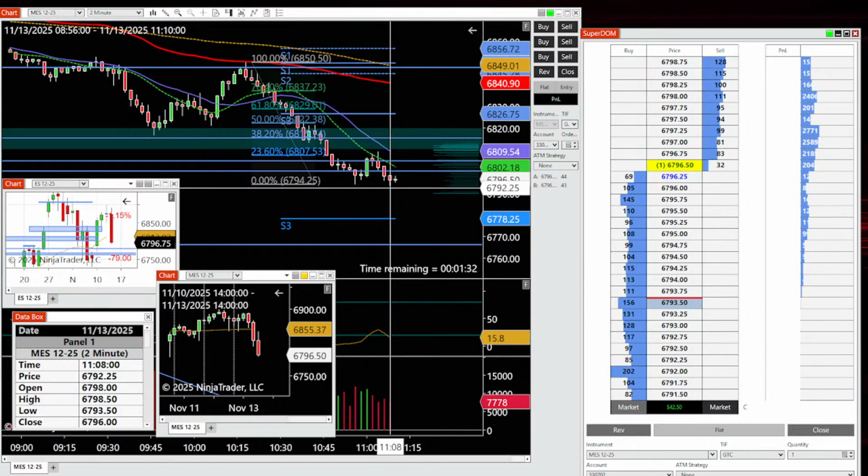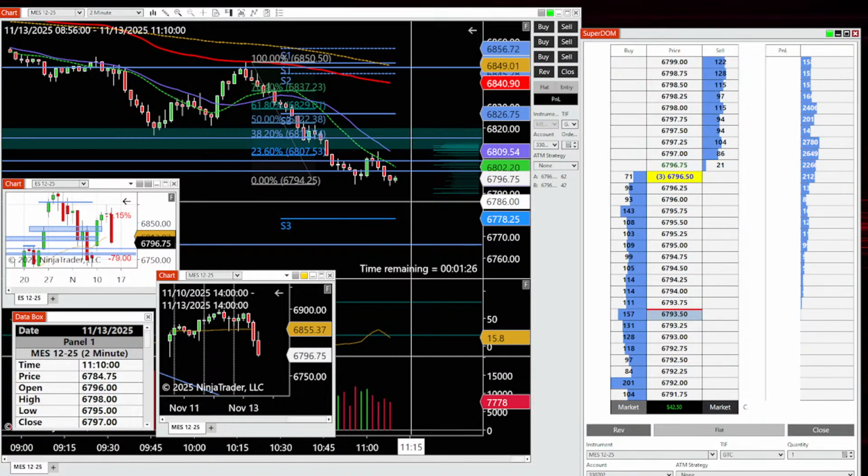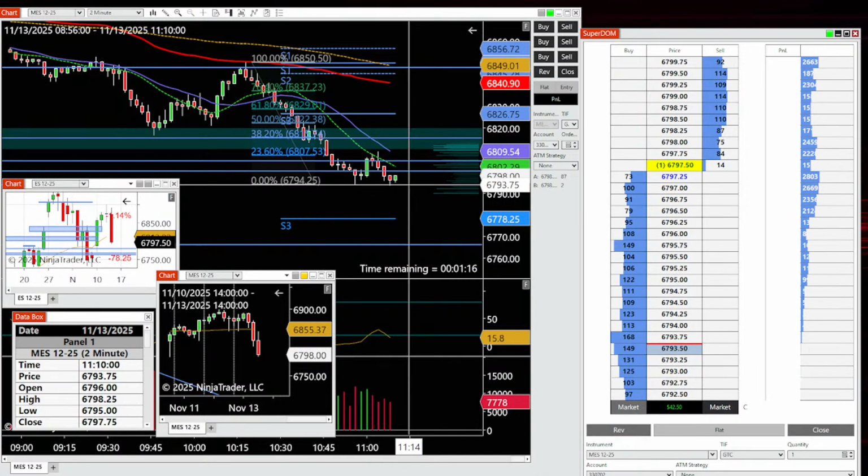Them bounces, man. Those bounces. Lower 93. Double bottom? I don't think so. I think that was a fake out. Let's see. We just don't want to go there yet.